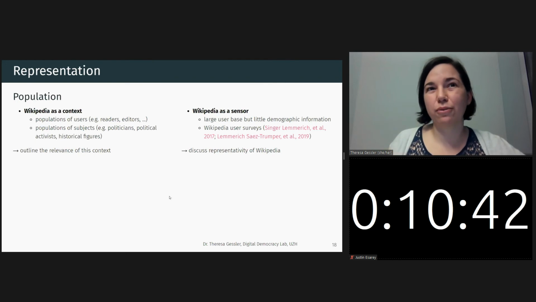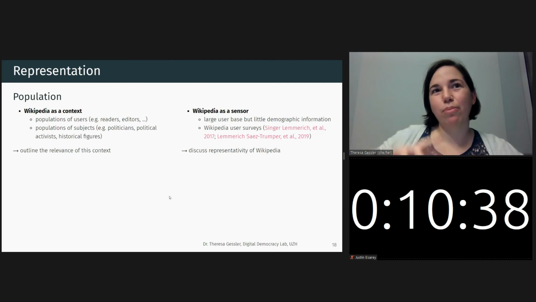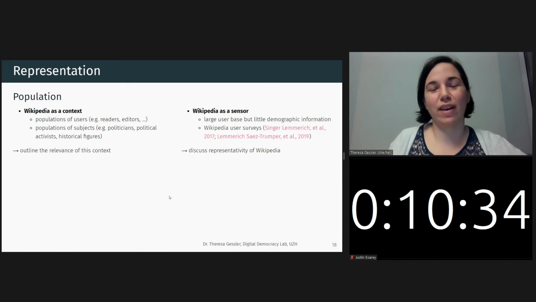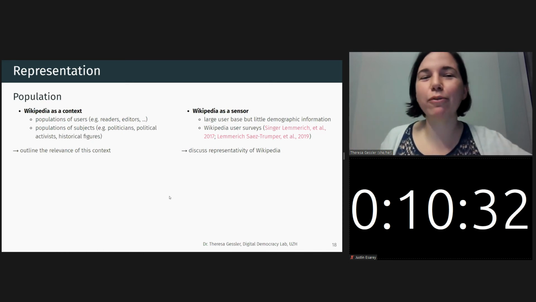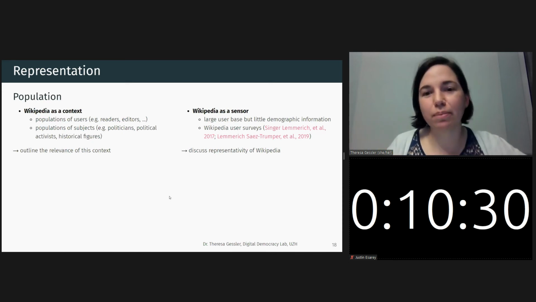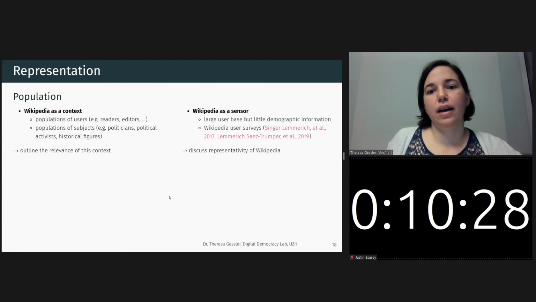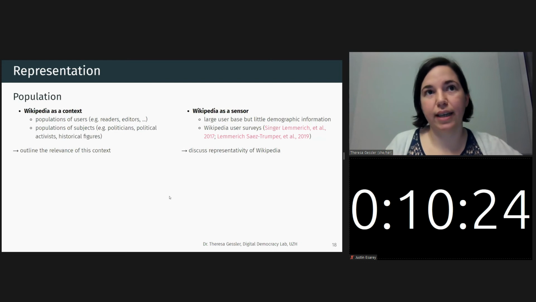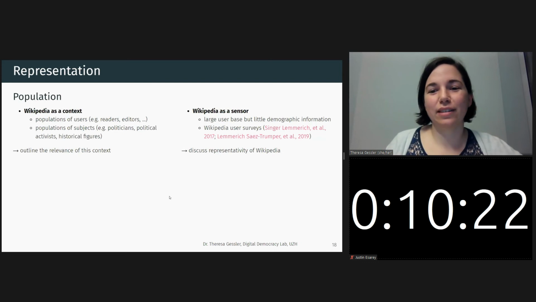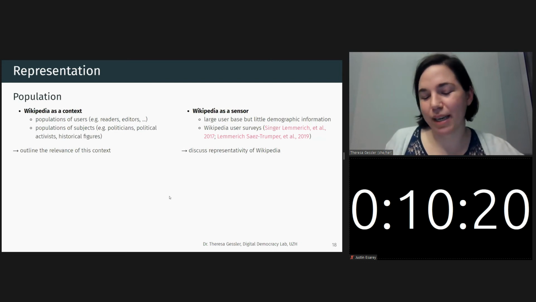So especially for mechanisms like stereotypes and how people translate knowledge about a person into what they then follow up with and so on, this might not be such a huge issue. So for this, we need to discuss critically in our research what is the representativity of Wikipedia for this specific question.